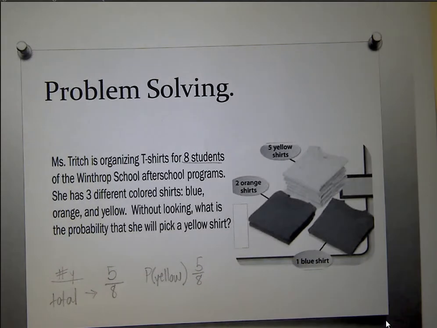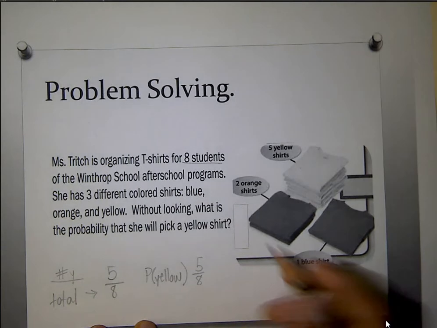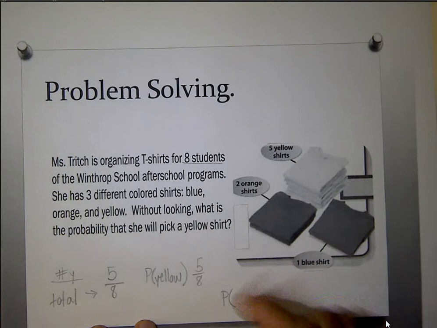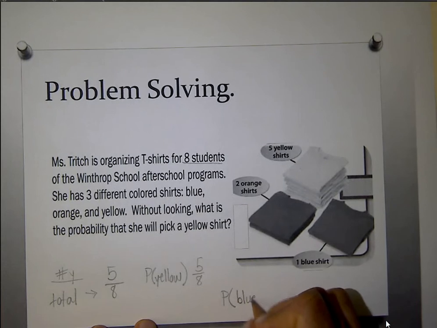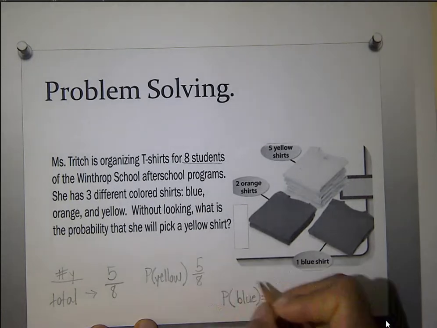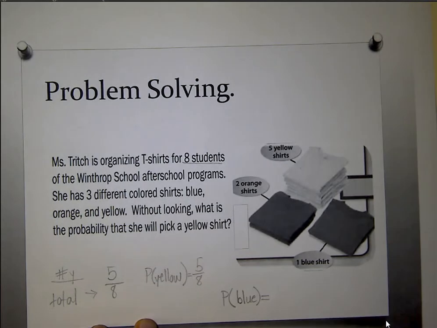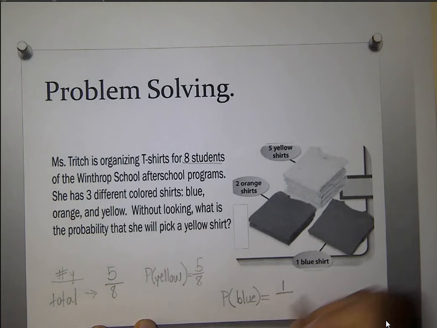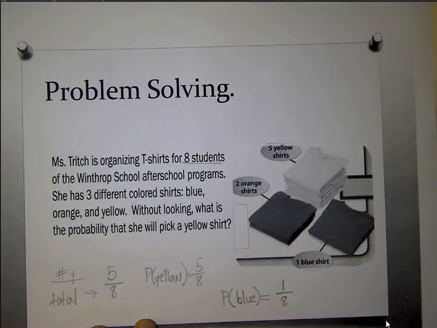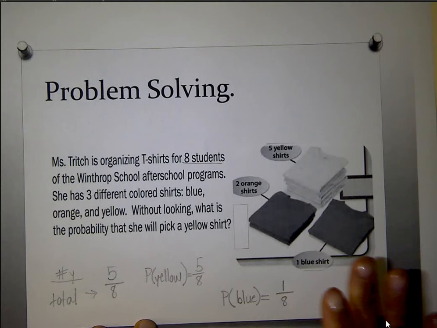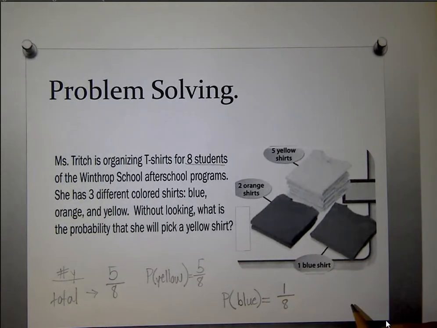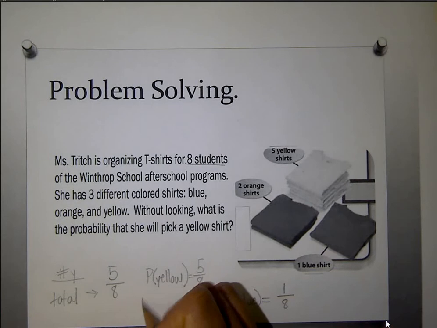Now what would be the probability of picking a blue shirt? The probability of picking a blue shirt would be 1 out of 8. What would be the probability of picking an orange shirt?